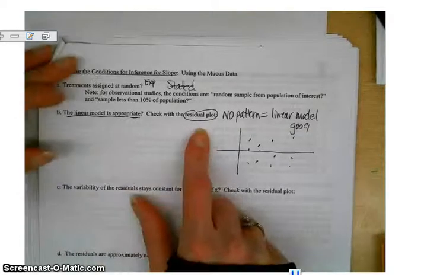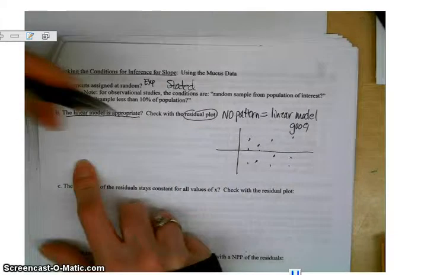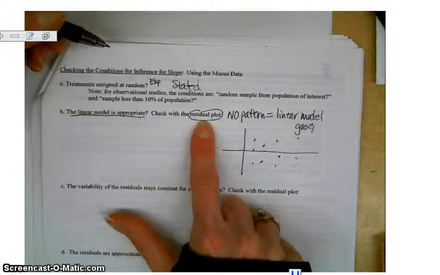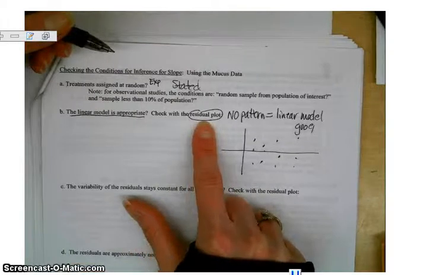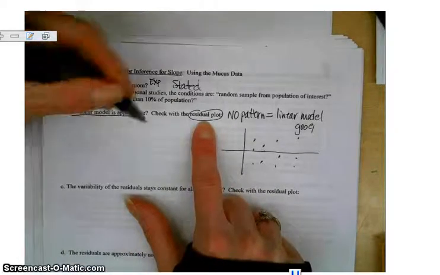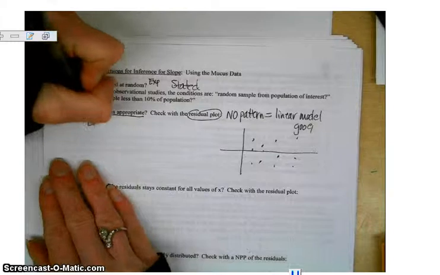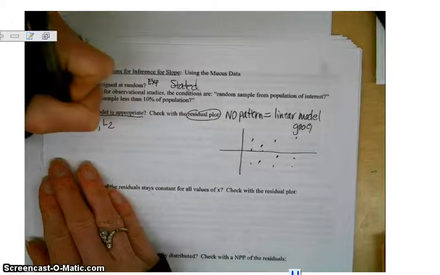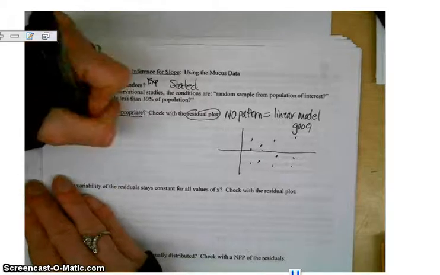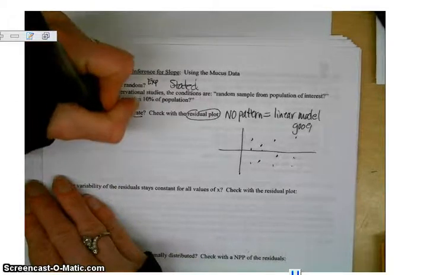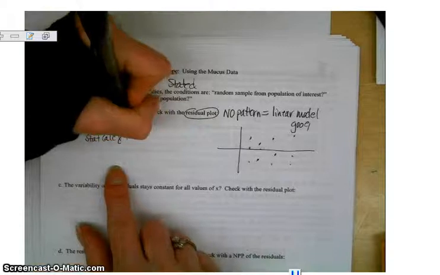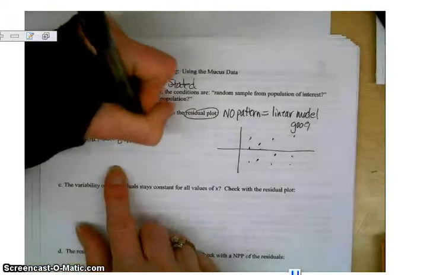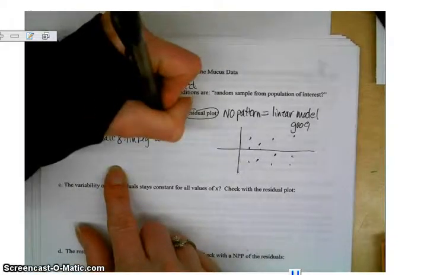So how do you get the residual plot for data? In order to get the residual plot, which you'll have to do several times if it's not given, you have to enter your data in list 1 and list 2. Then you do stat calc 8, the linear regression, A plus BX.